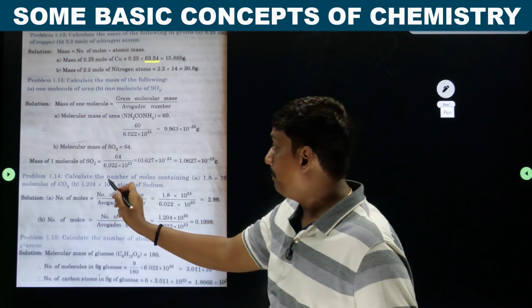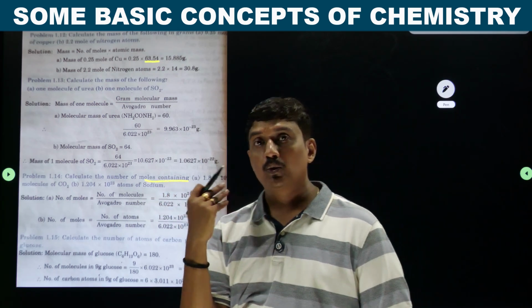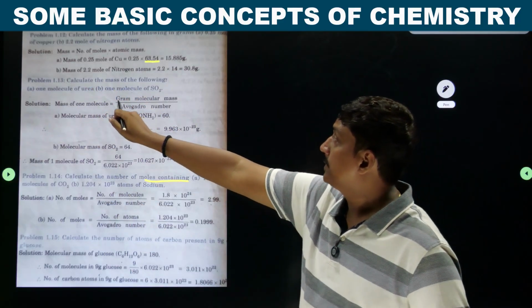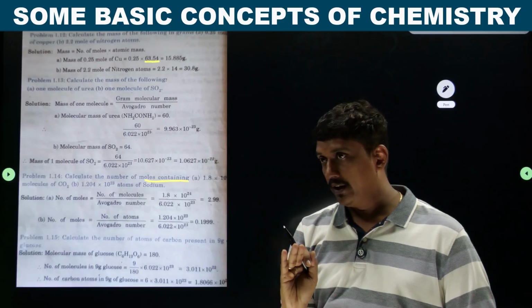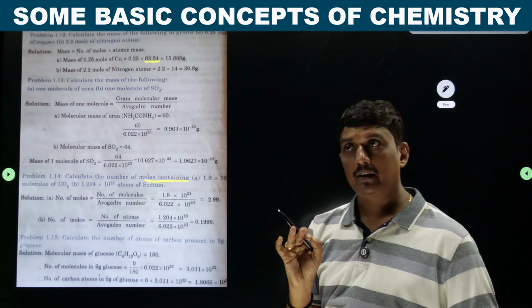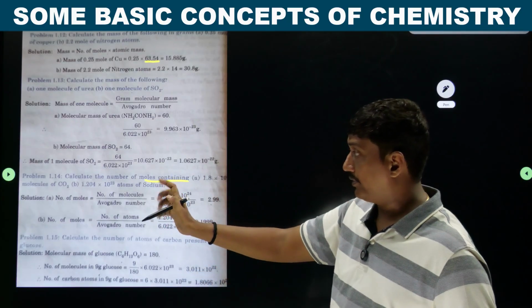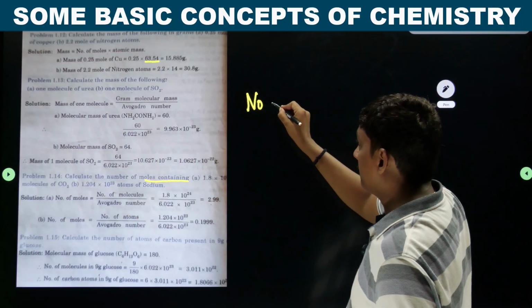Calculate the number of moles containing. In the first part they gave moles and you converted into mass. In the second part you calculated the mass of one molecule. Here the question is different. Calculate the number of moles.